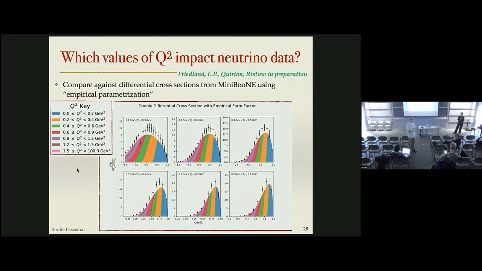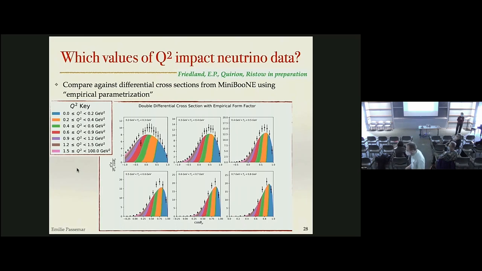If you look carefully at the composition of events which look quasi-elastic in your detector, versus those with multiple hadrons or pions, because some of these events can also be in the dip region and could actually be pion production events, looking at the hadronic system could be a complementary way to what was discussed here. Here we're just talking about the lepton side, but this could even be decisive to solve this long term.